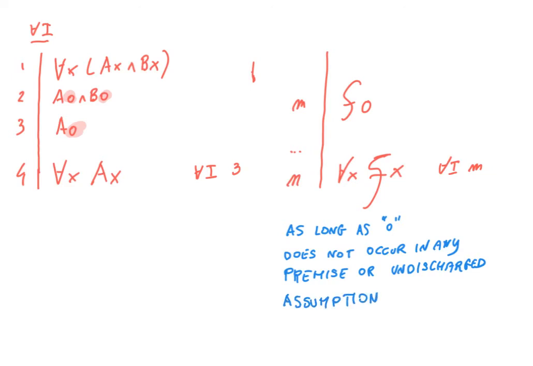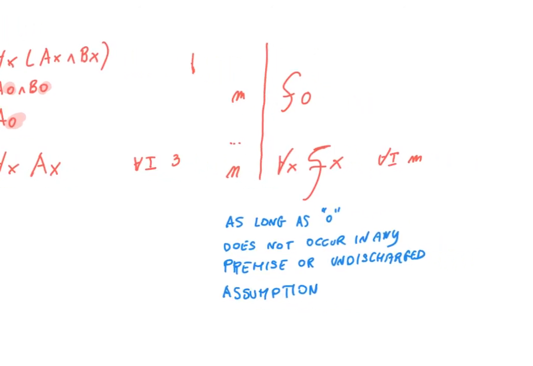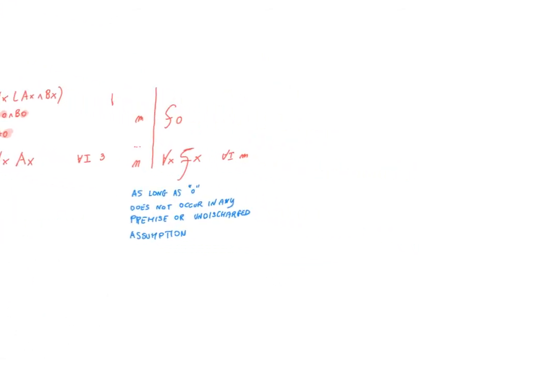Here are some examples of illegal applications of the rule of universal introduction. First, suppose I had a premise in which I claimed AO and BO, and then I did that same reasoning.